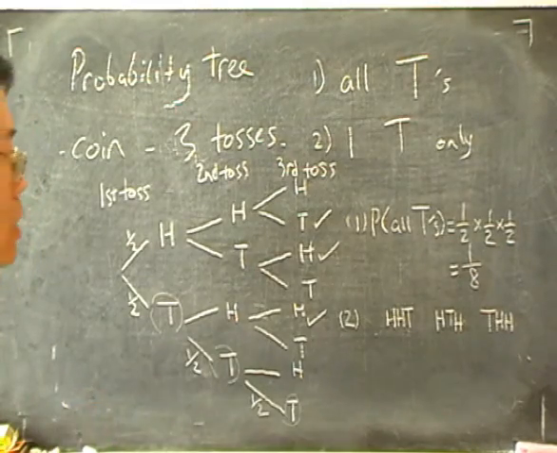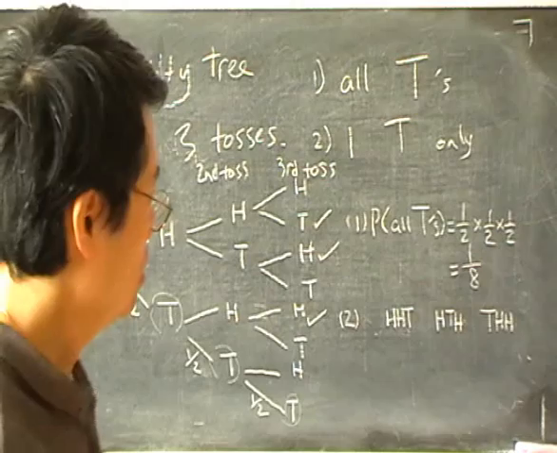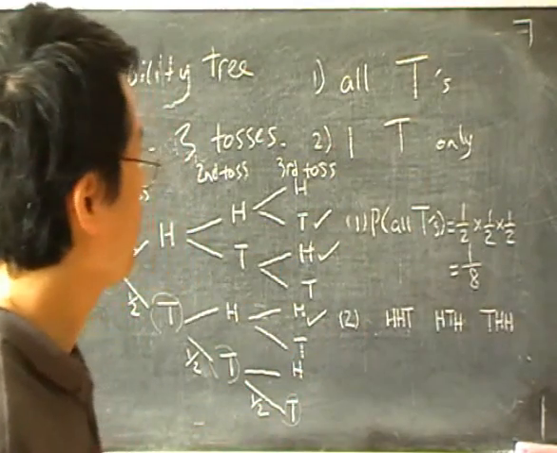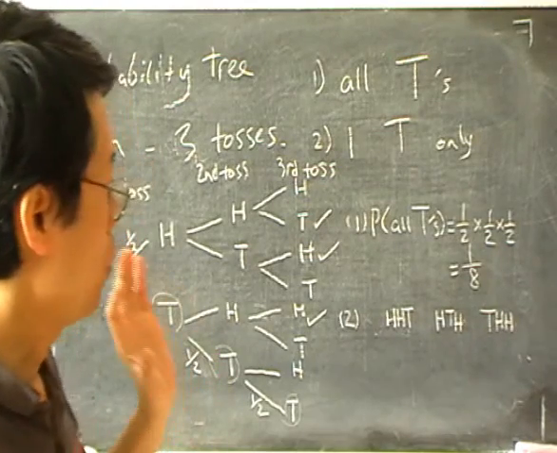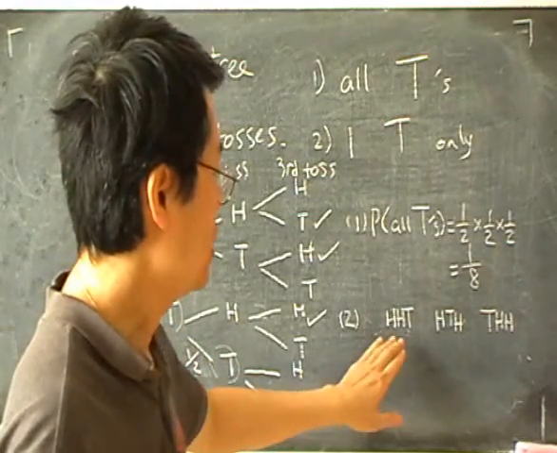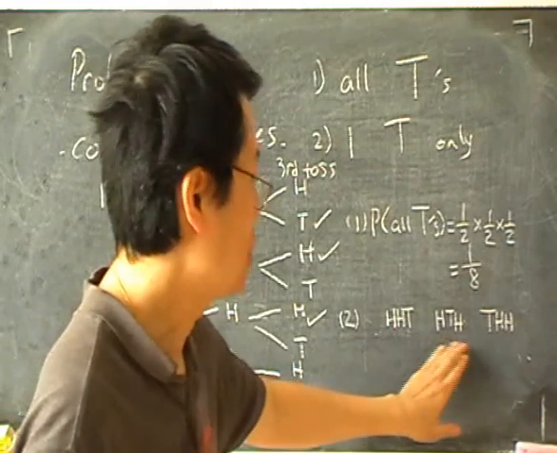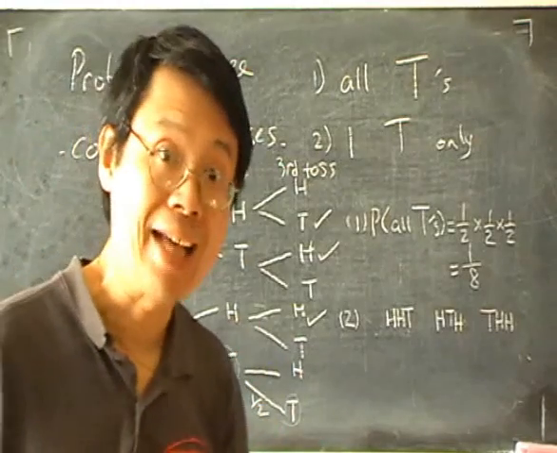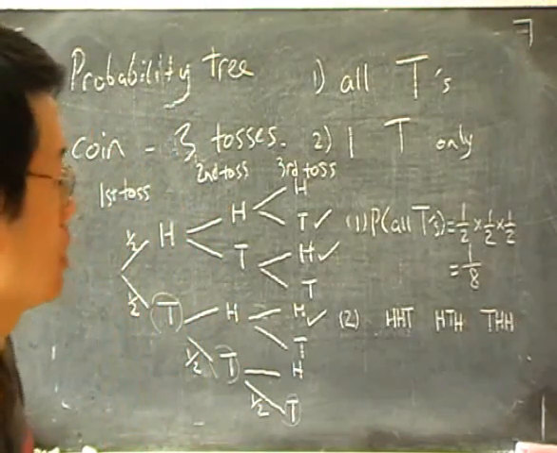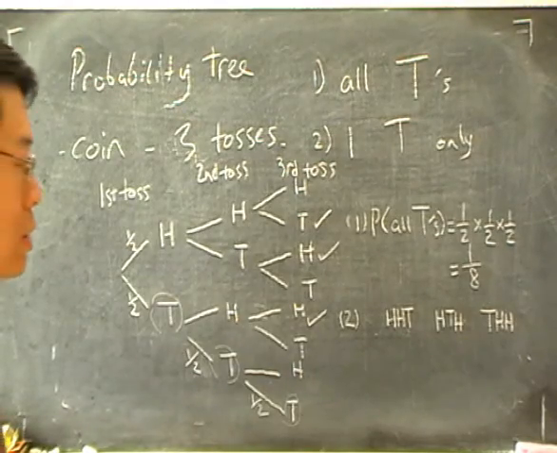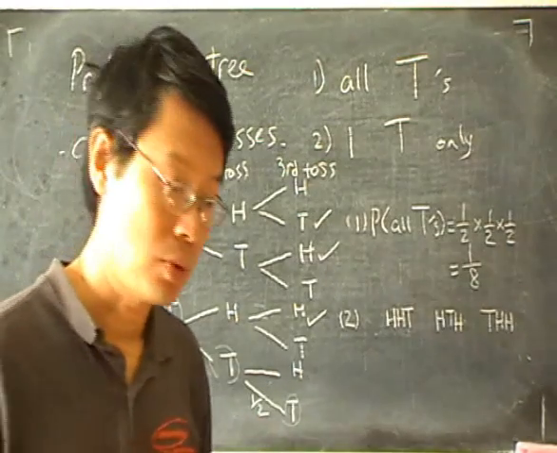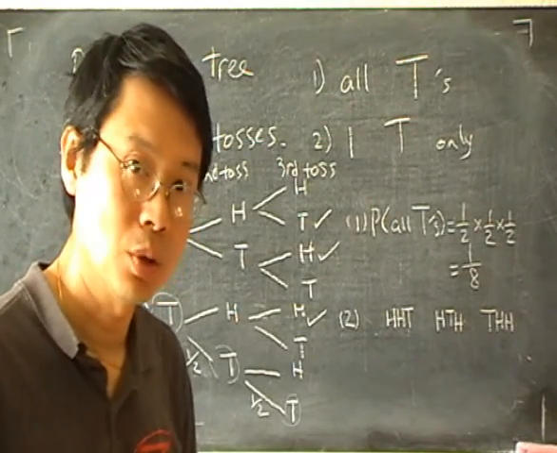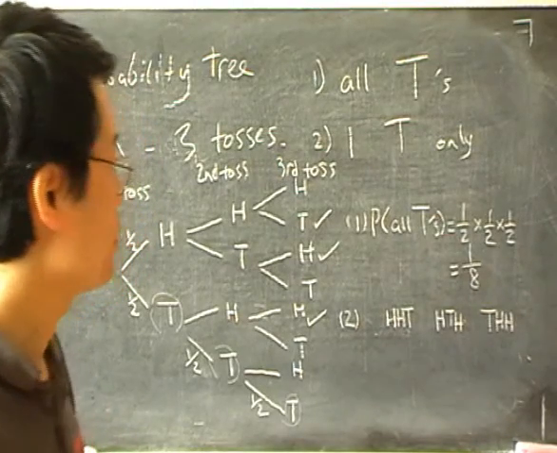Now to calculate the probability of one tail only, we can calculate the separate probability of each of these cases and add them. If you remember from the last session, I talked about the addition law of probability.